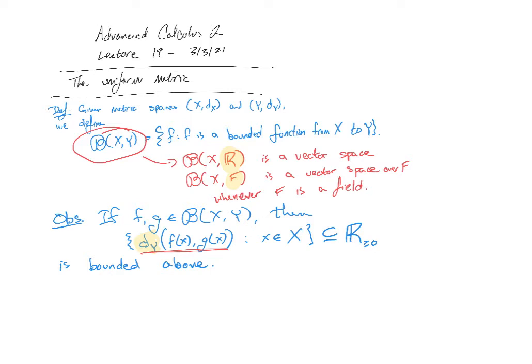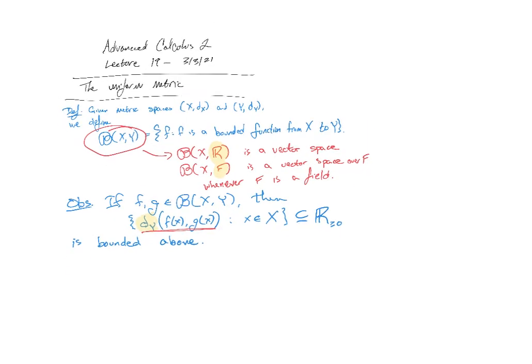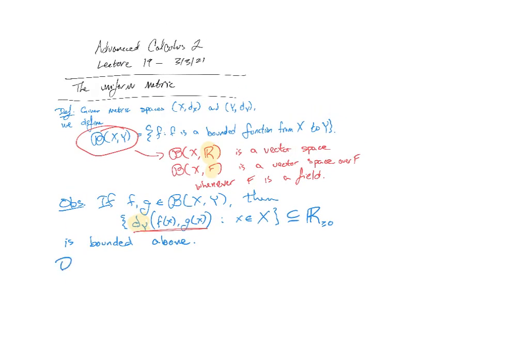Okay, well, I hope you see where this is going. We've got a set of real numbers that's bounded above, so we can take a supremum. And that supremum is the metric. So this is our definition of the uniform metric.